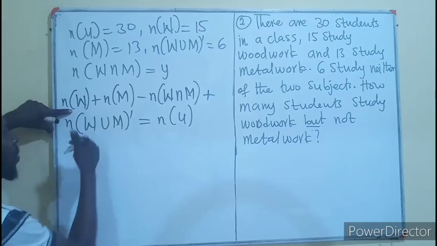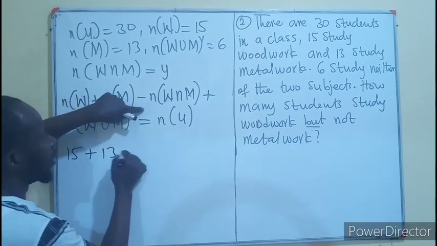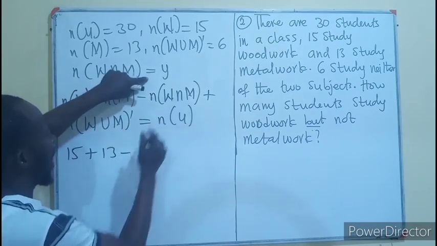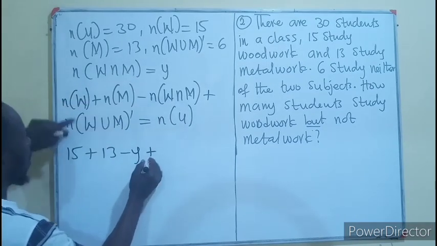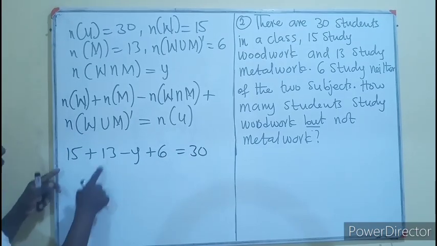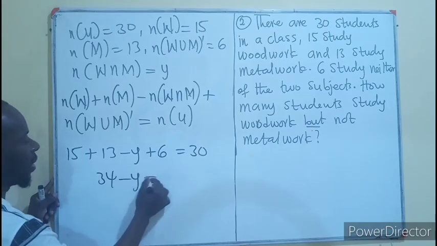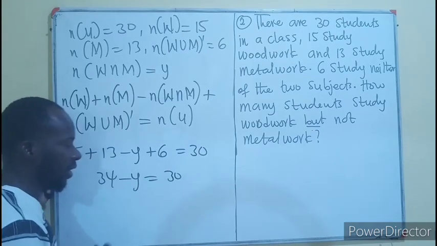What do we have for this? 15, 13. The intersection we have as Y. The complement is 6, equals 30. We know this plus this plus this: 34 minus Y equals 30.